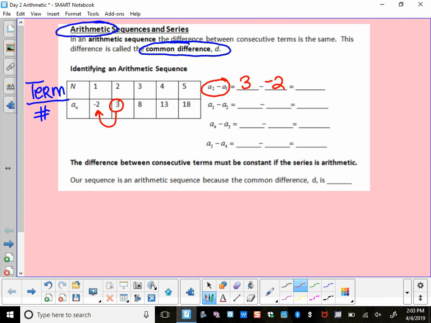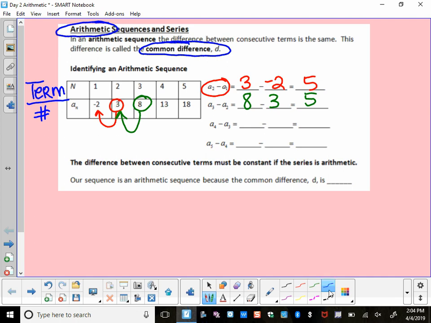All right, so right now we're looking at the difference. Okay, we'll find a better way to do this. You'll see how it gets much easier to find our difference. All right, my third term subtracted from my second term. Well, my third term is 8, and my second term is 3. What's 8 minus 3? 5.